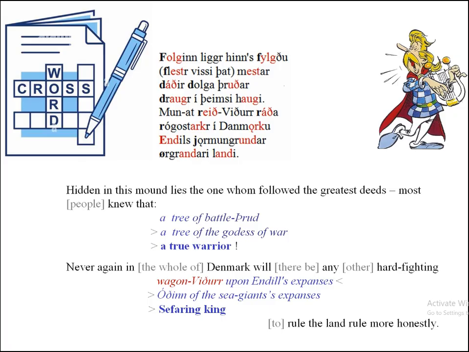So by describing the dead pirate king, by alluding to probably a myth on Odin who had been fighting a sea giant, the quality of heroic warfare that imbues Odin is transferred to that deceased person.